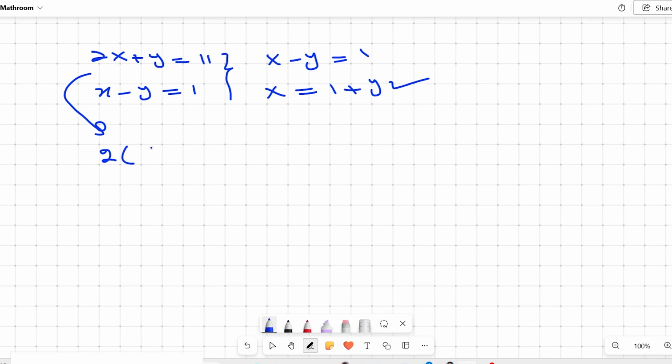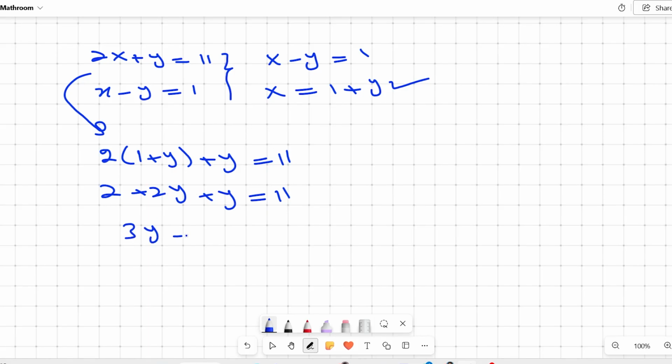2 times, instead of x, 1 plus y, equal to 11. We multiply by 2: 2 times 1 is 2, and 2 times y is 2y, plus y is equal to 11. So 2y plus y becomes 3y, equal to 11. When 2 moves here, it becomes minus 2. 3y is equal to 11 minus 2, which is 9.